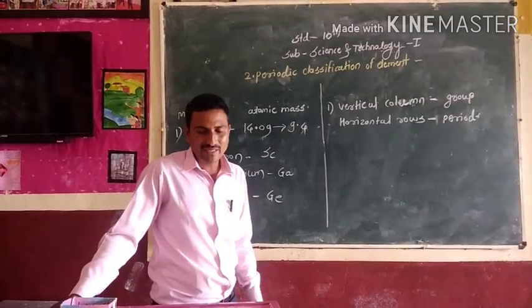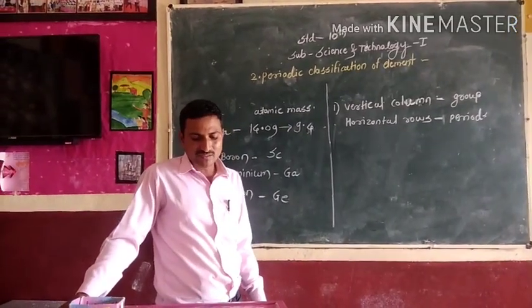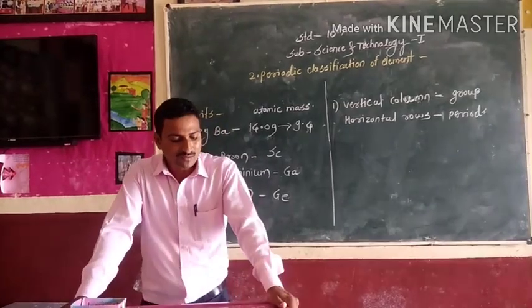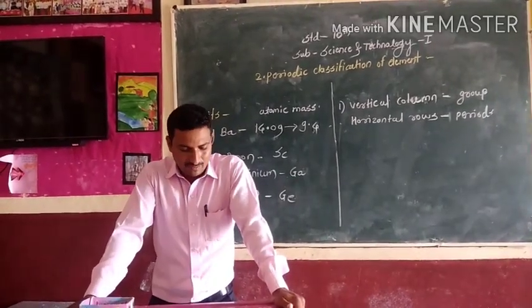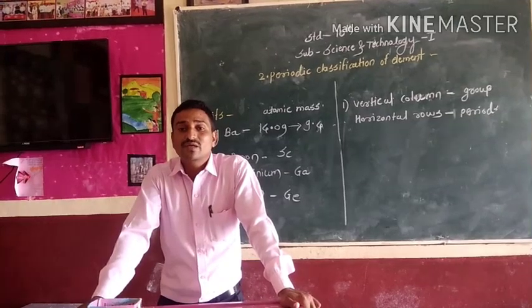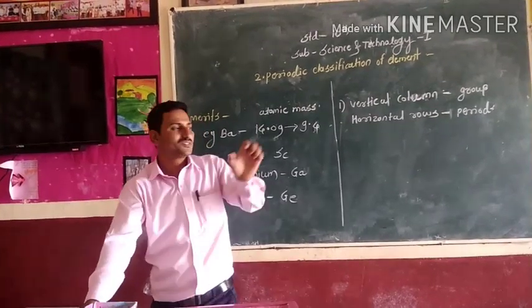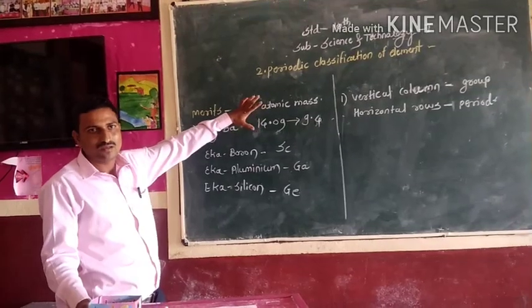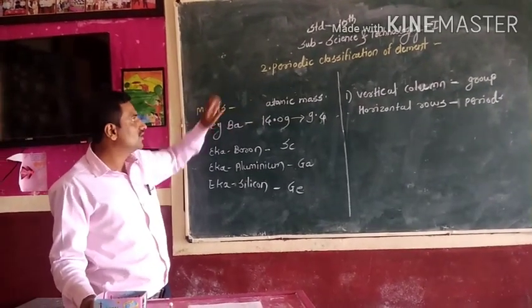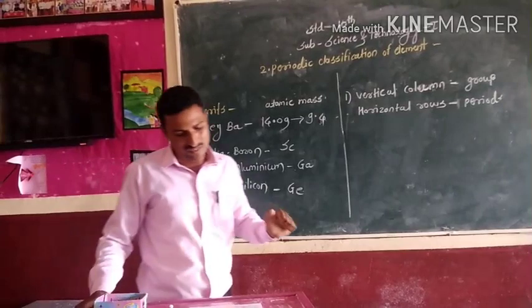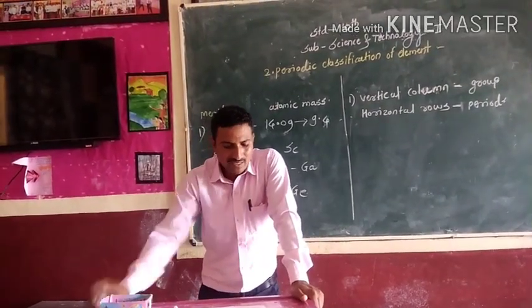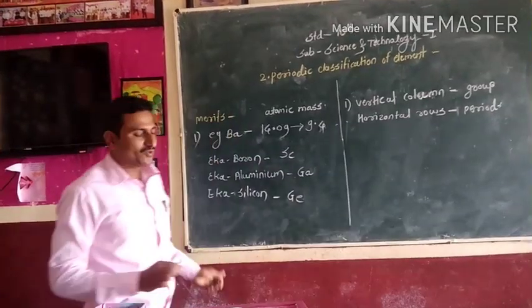The next merit: after the noble gases were discovered, they were placed very well without disturbing the original periodic table. There was no disturbance in the Mendeleev periodic table. Now the next point is the demerits.